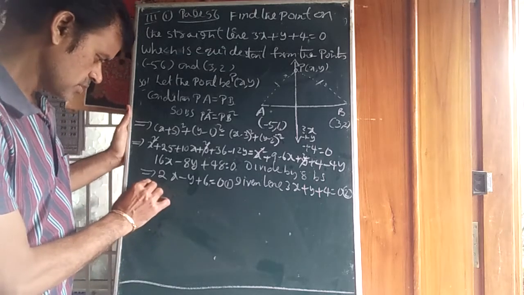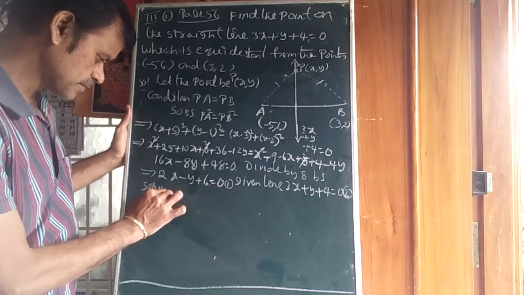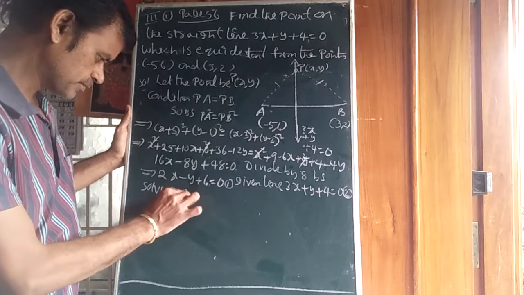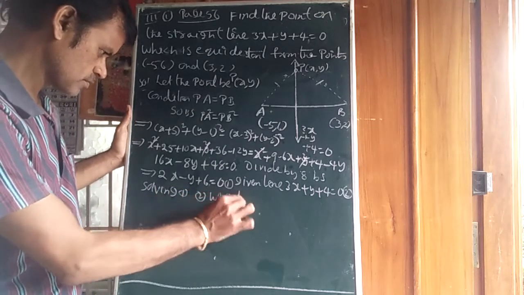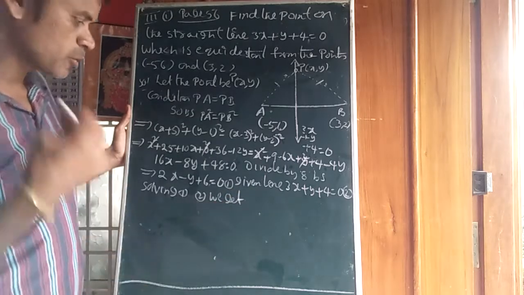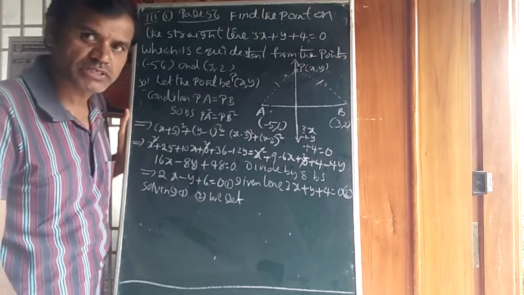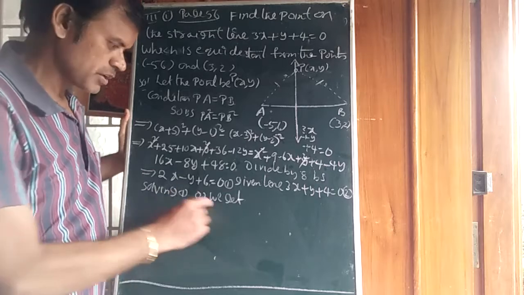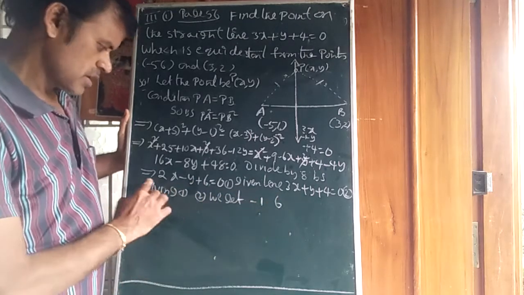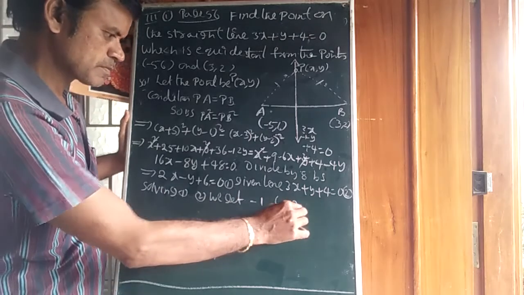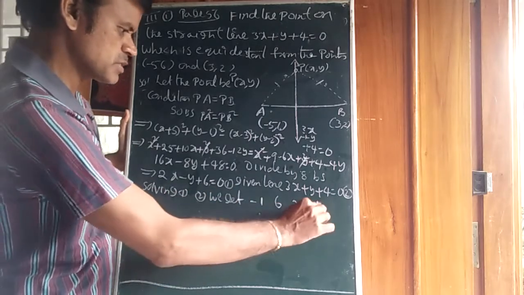Now write: solving 1 comma 2, we get, as I already said, that method is the cross multiplication method. Take here y coefficient as minus 1, next constant 6, and x coefficient 2, later y coefficient minus 1.